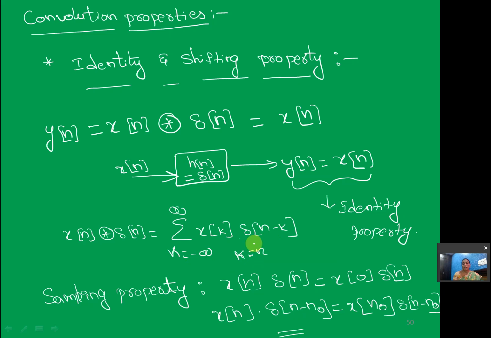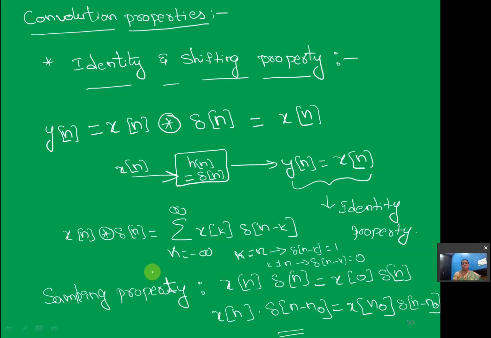Am I correct? That's why at k is equal to n, del of n minus k is equal to 1, and at k not equal to n, del of n minus k is equal to 0.